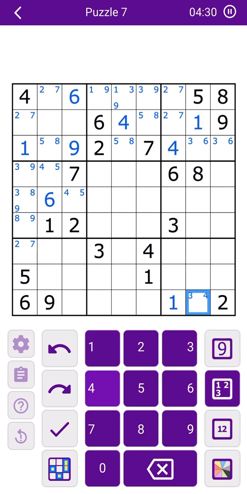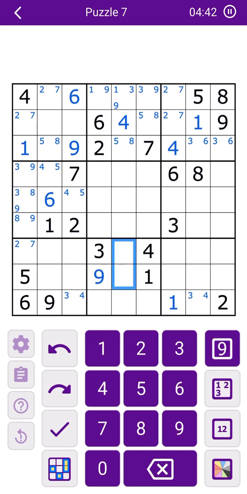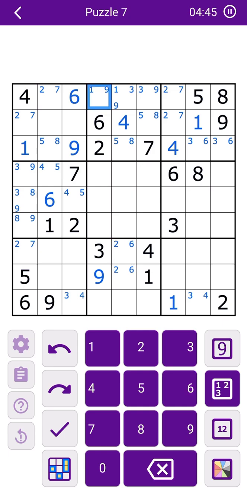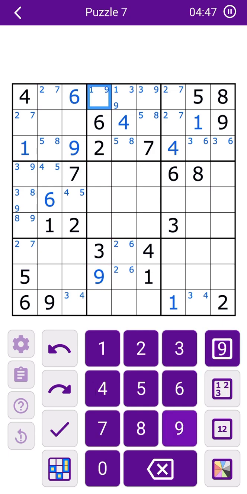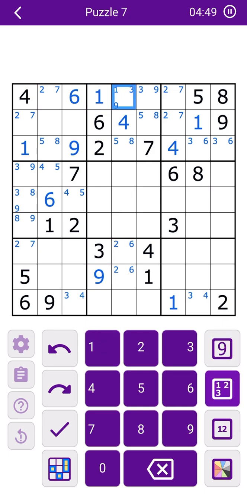And we'll plug in 3 and 4 for our notes. Now we need 2, 6, and 9 in box 8. So we can put 9 there. We'll plug in 2 and 6. So that means we can solve for 1 there.